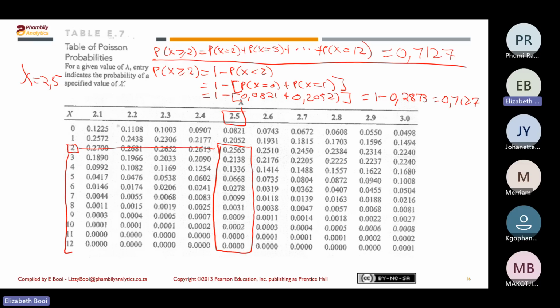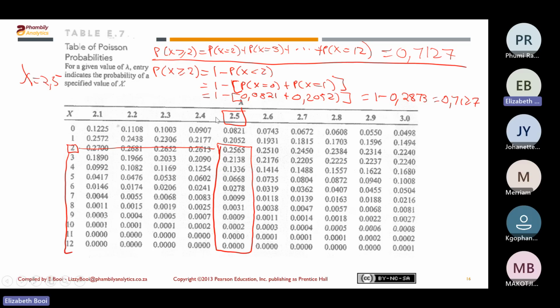I know that the second method might be a little bit confusing, but instead of calculating and adding all the values from 2 until 12, you can save time by using the complement event, or the complement probability, right?